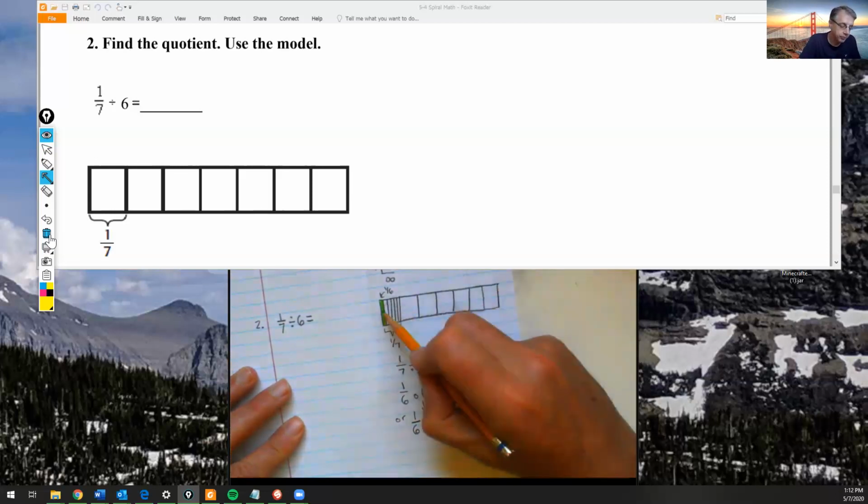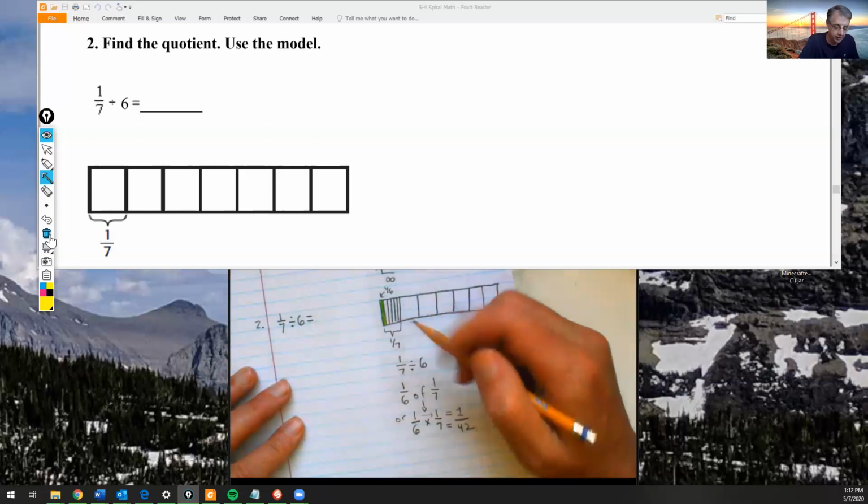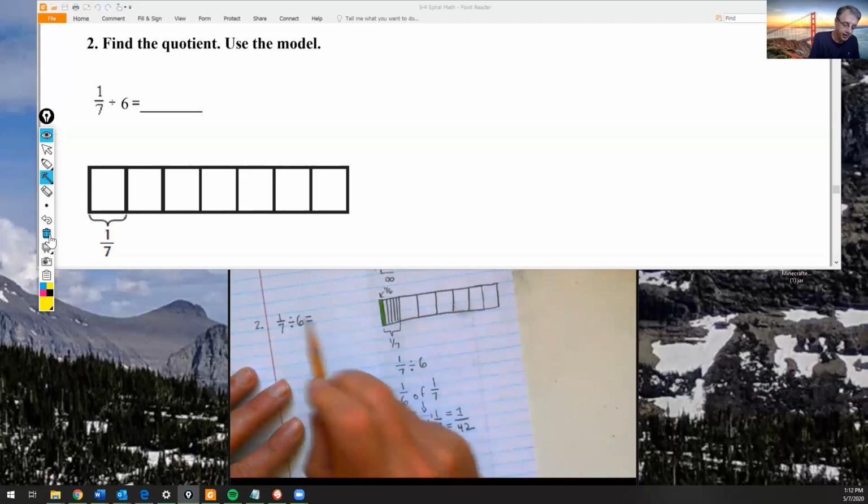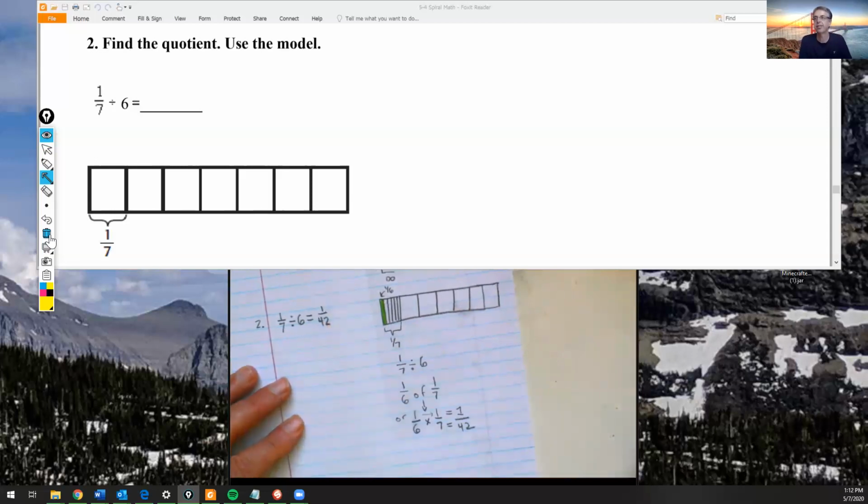That means that this shaded area in green is 1/42 of the whole unit bar. If I cut this unit bar into pieces like this size all the way across, this one piece would be 1/42, and I would have 42 little pieces all the way across. One highlighted is 1/42. So 1/7 divided into 6 pieces is going to equal 1/42. Each piece will be 1/42 of the entire unit bar.